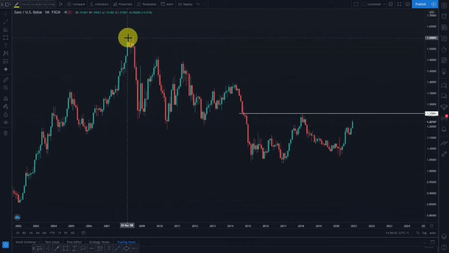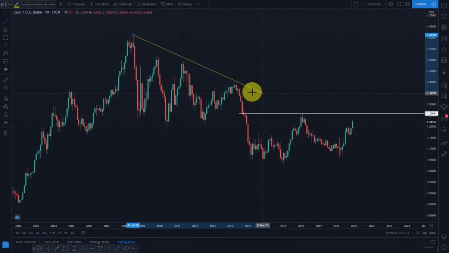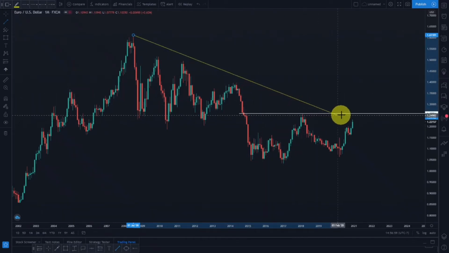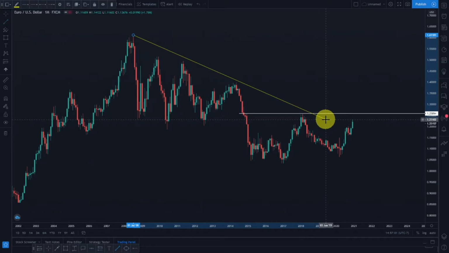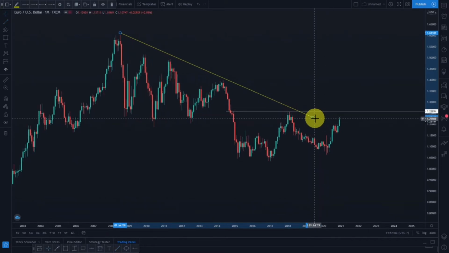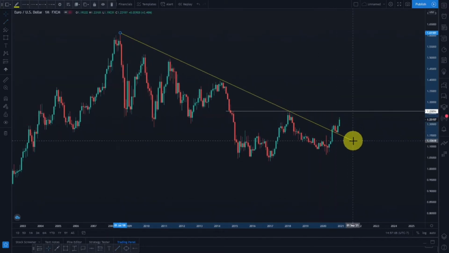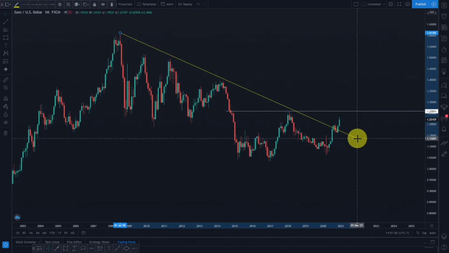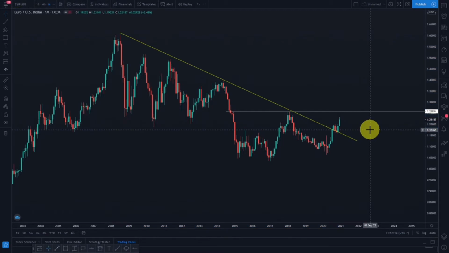Let's just see how it looks. Something interesting here that I'm seeing: you can see a first touch, a second touch, and a third touch, and a breakout, and a bit of a retest, and the market is going up.